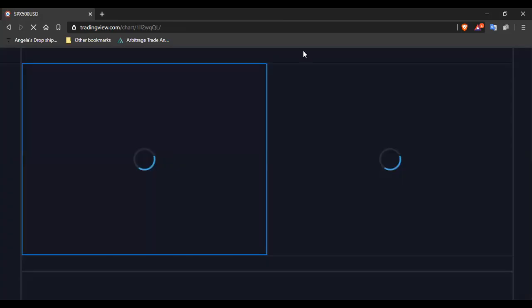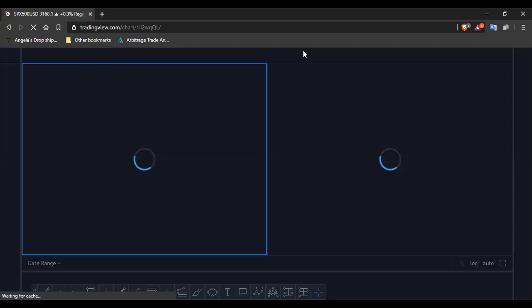It's interesting. I thought this was already loaded up. It's all right, though. Okay, that's really interesting to me how this is taking this long.